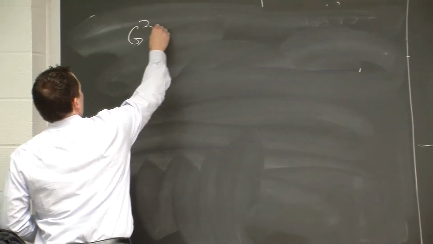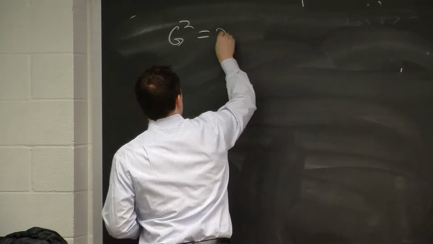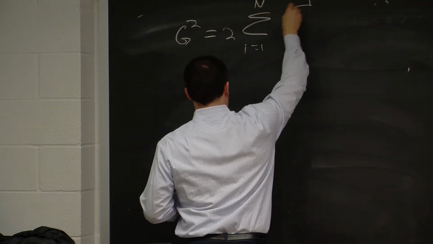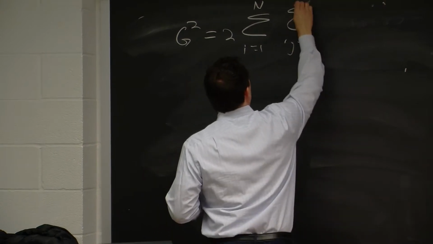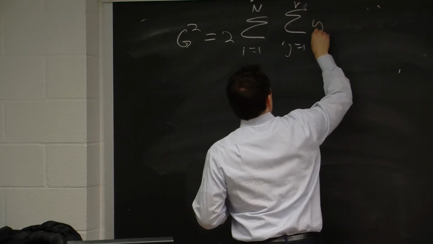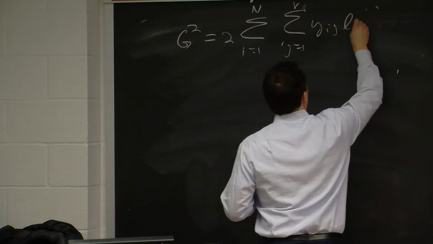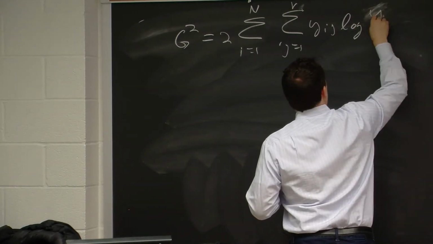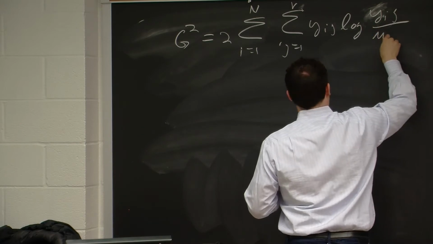And we can compute a G squared to be twice the sum i equals 1 to n, sum j equals 1 to r, y_ij log of y_ij over mu_ij.